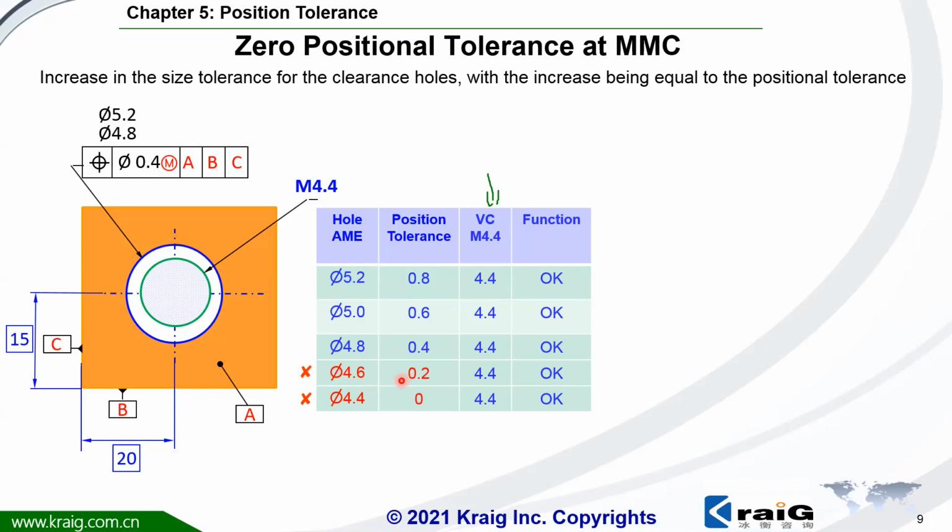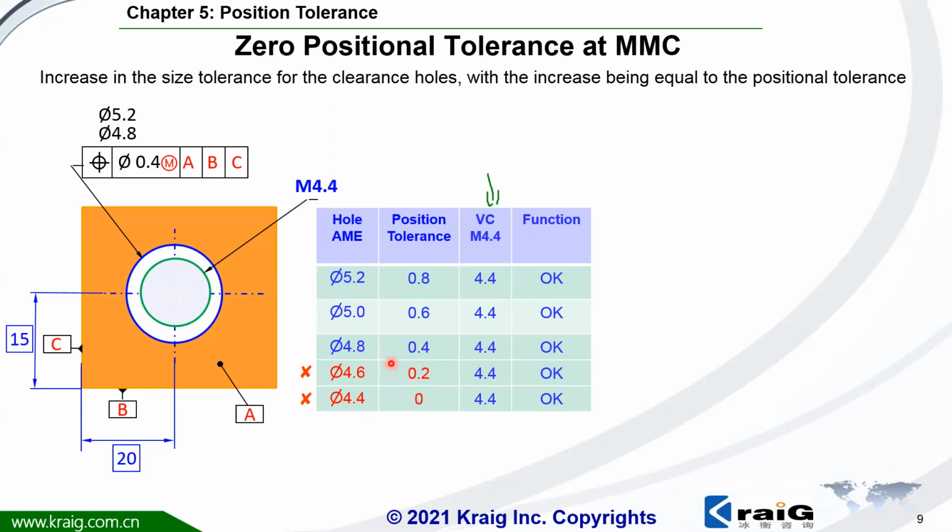If the position tolerance is 0.2 or less, in this case the virtual condition boundary could still be 4.4, right? That means these parts can be used for assembly. From a function point of view, this part is okay. But unfortunately, this part is rejected because the size is smaller than 4.8.